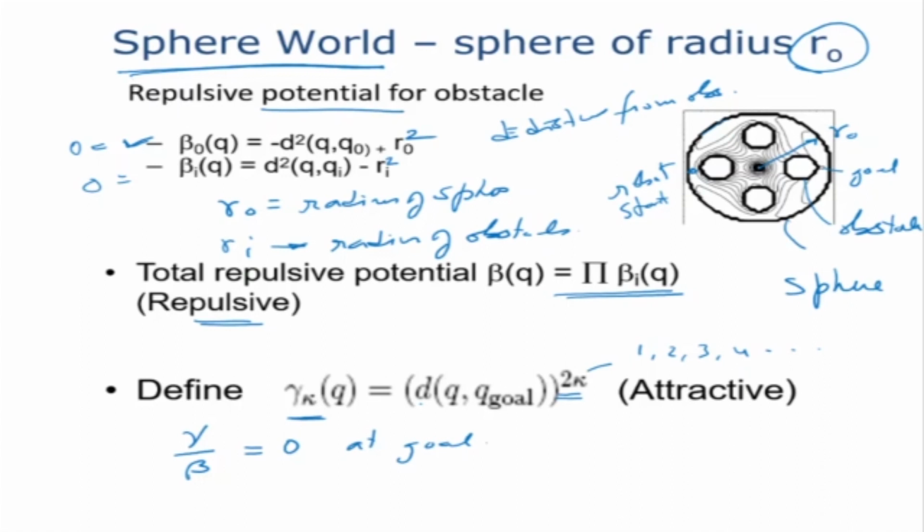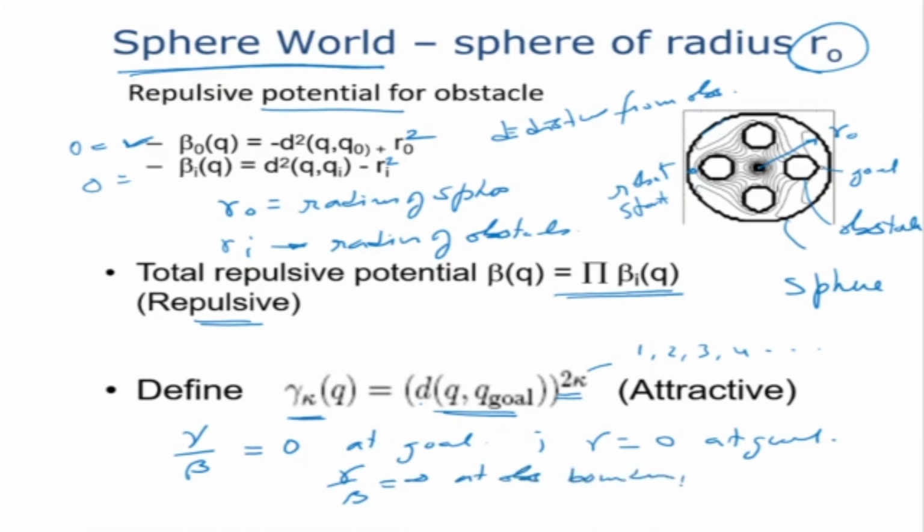Because gamma will become 0 at goal, since it's the distance between the present position of the robot and the goal. Now this goes to infinity at the surface of the obstacle. So gamma by beta is equal to infinity at obstacle boundaries.